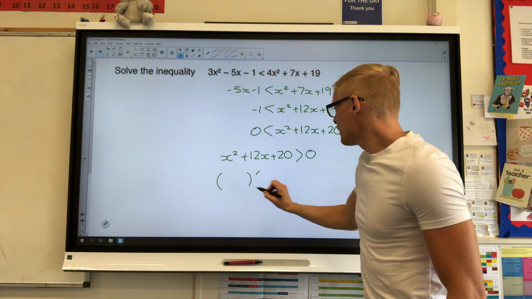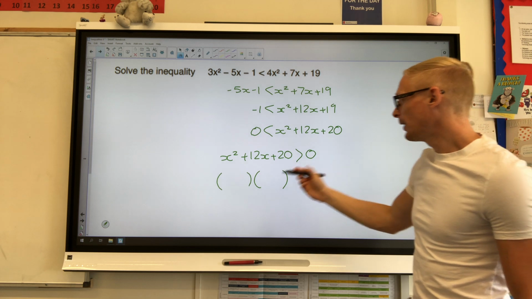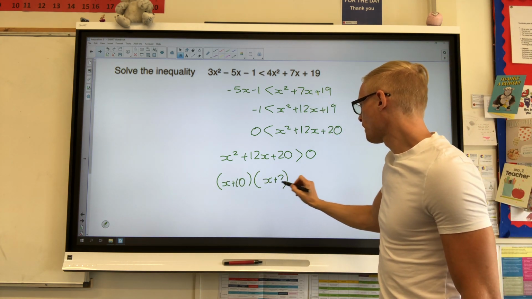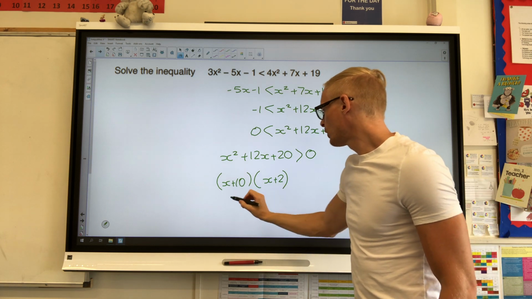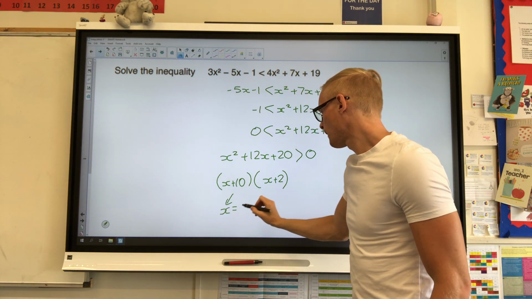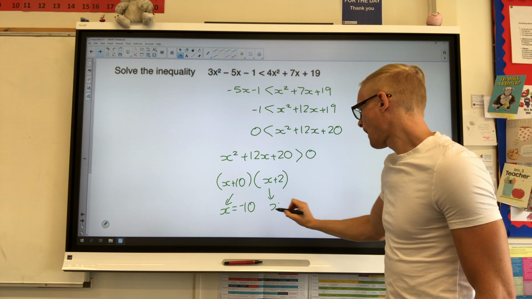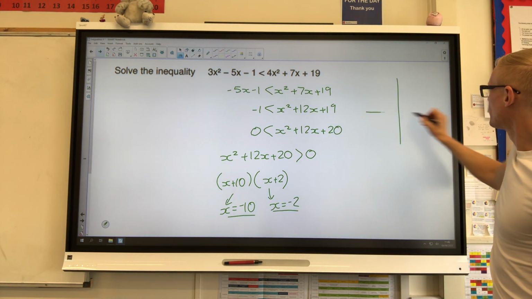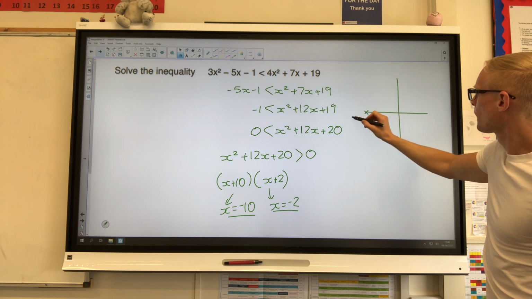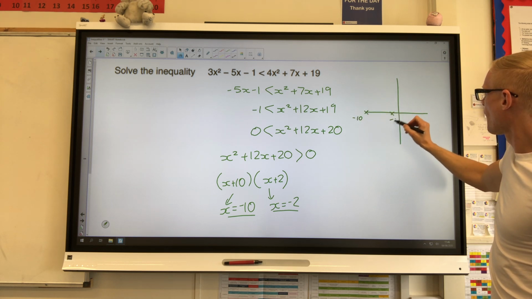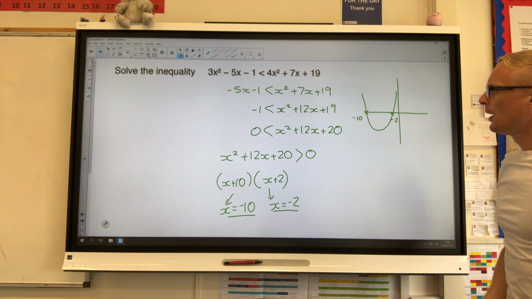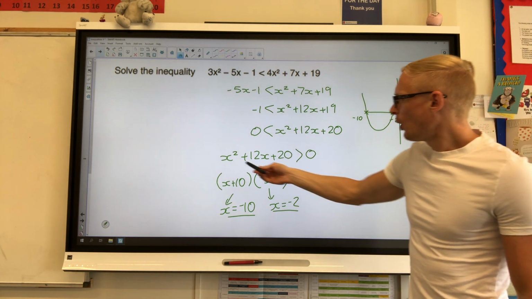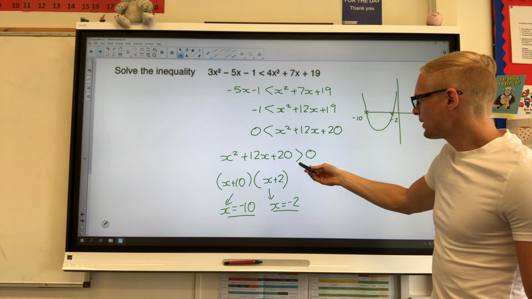We'll look to factorise this. We're looking at 10 and 2. And then critical values there. So, quick sketch. And finally, I just need to make sure I understand which bits I'm looking for. So I want this quadratic to be greater than 0.